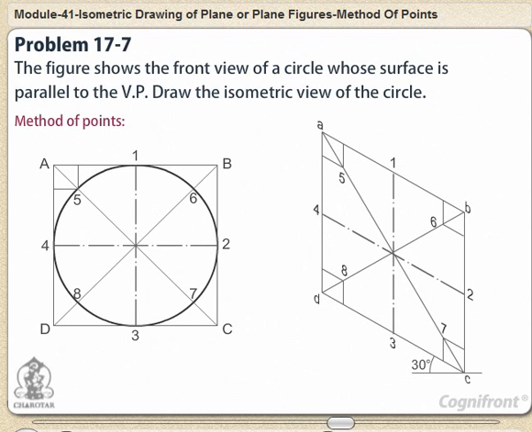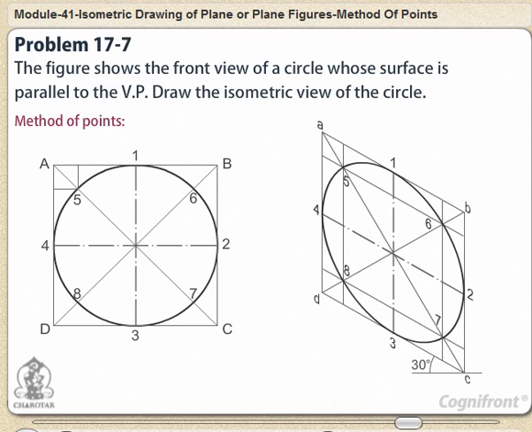Or after determining the position of one point, draw through it lines parallel to the sides of the rhombus and obtain the other 3 points. Draw a neat and smooth curve passing through the 8 points, that is 1, 6, 2, 7, etc. The curve is the required isometric view. It is an ellipse.